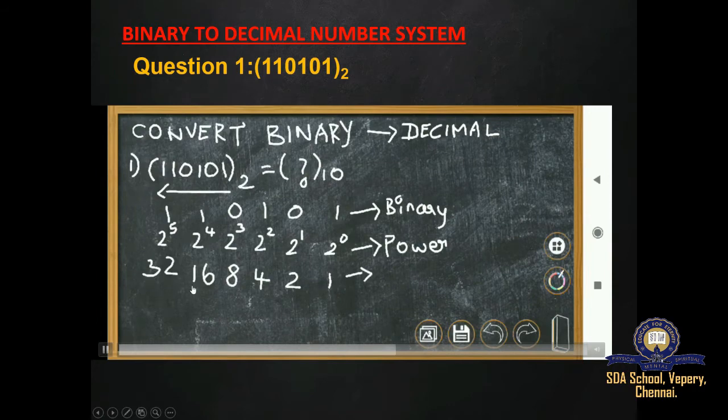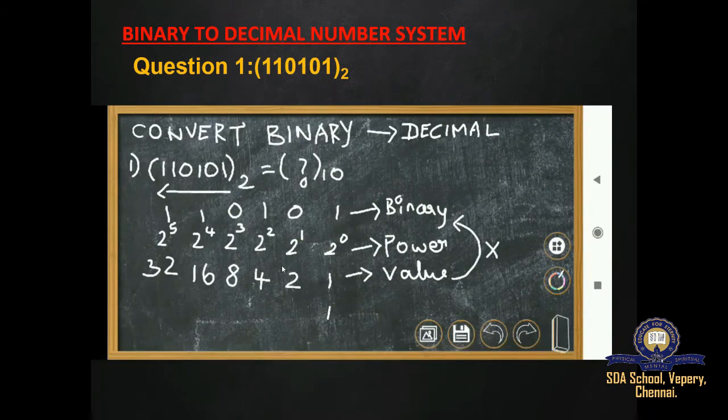These are the values, that is step 3. Now we have to multiply each value with the binary digit. If you multiply 1 into 1, we get 1. 2 into 0, we get 0. 4 into 1, we get 4.